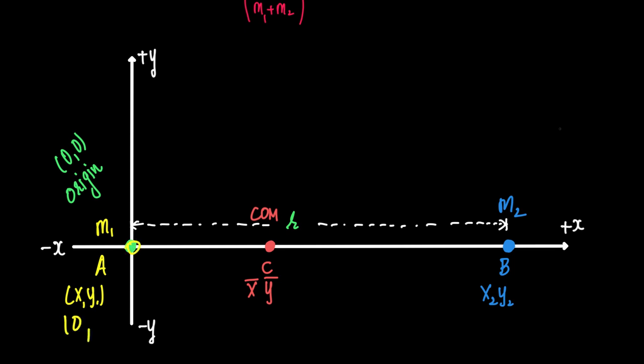Therefore the coordinates here would be 0 and 0. Since m2's coordinates are x2 and y2, m2 being r distance away from m1, b being r distance away from a, the coordinate x2 should be equal to r. And since b is placed right on the x-axis, the y coordinate here should be equal to 0. Therefore, y2 is equal to 0.